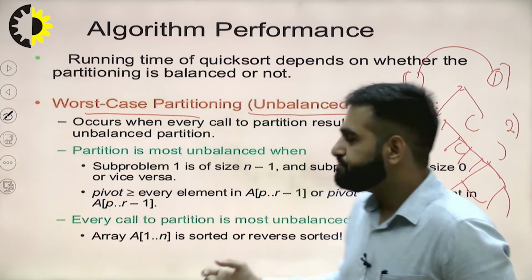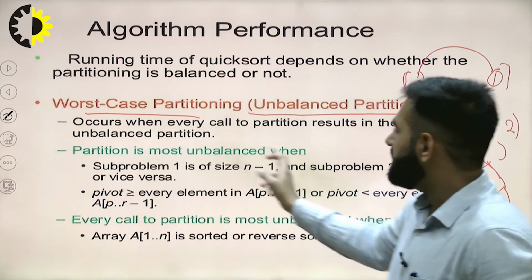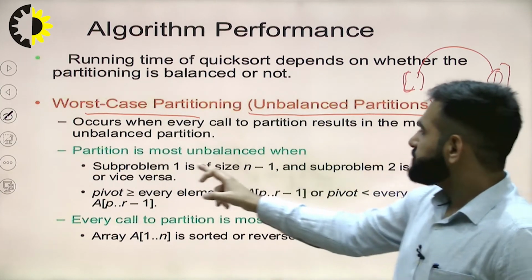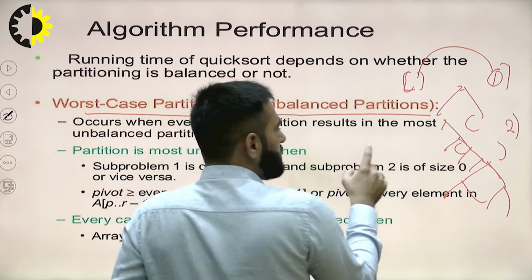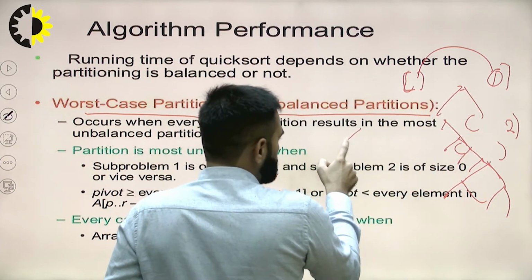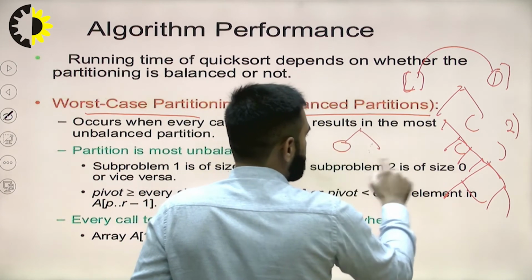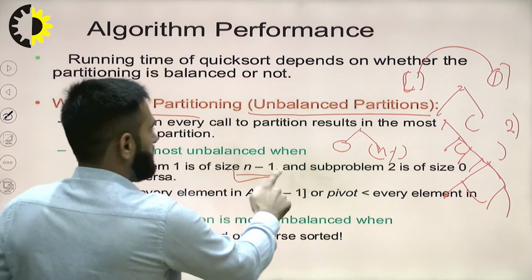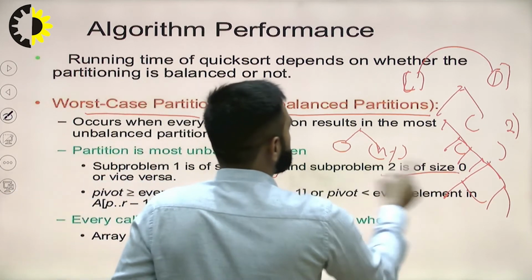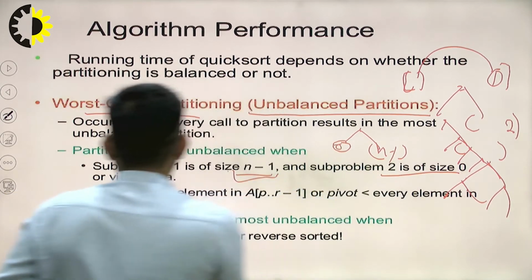Partitioning is most unbalanced when subproblem 1 is of size n-1. That means we divide the problem into two parts on the basis of partitioning, and one side is exactly an n-1 size problem, and the other subproblem is of size 0, or vice versa.